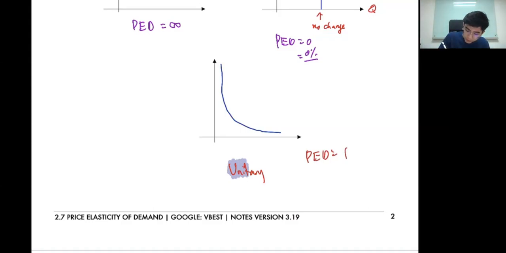What does it mean? It means that when there is a 1% change in the price, then the change in the quantity is also 1%. Identical. 10%, 10%, 20%, 20%. That's why in this case, you can't really find any single thing that has this kind of graph. Got it, guys?